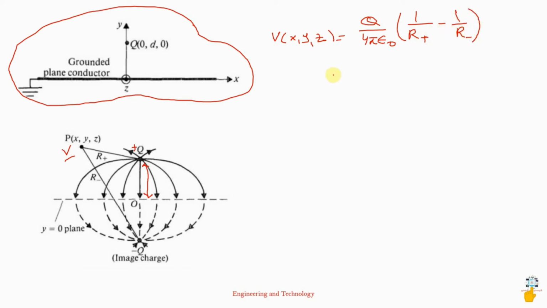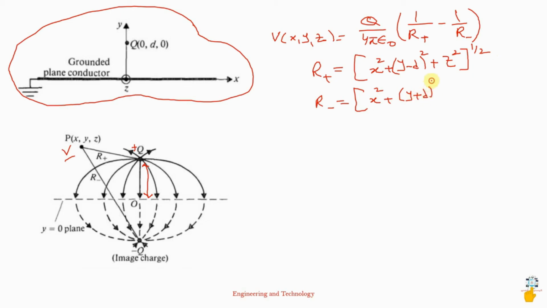This is the formula which we are going to use, and r plus will be equal to (x square plus (y minus d) square plus z square) to the power 1 by 2, and r minus will be equal to (x square plus (y plus d) square plus z square) to the power 1 by 2. So this is very easy as compared to the previous one.